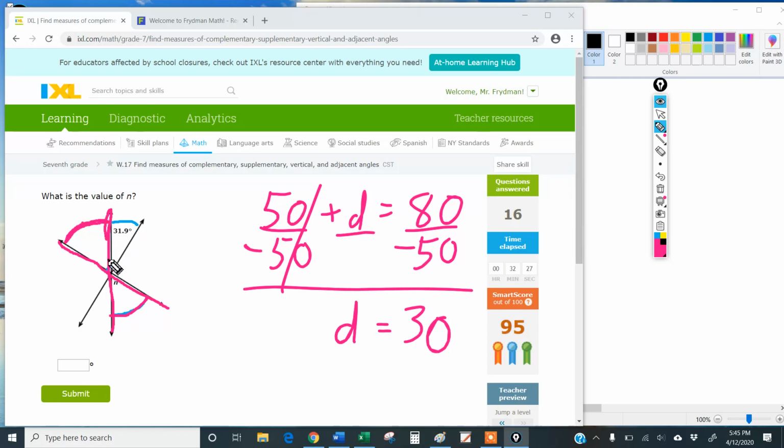But since this angle is equal to this one, then by doing 90 minus 31.9, we automatically also figure out what angle N is. Okay, so I'm not going to do that one. We've done problems like that before. I think I'm going to end it there.